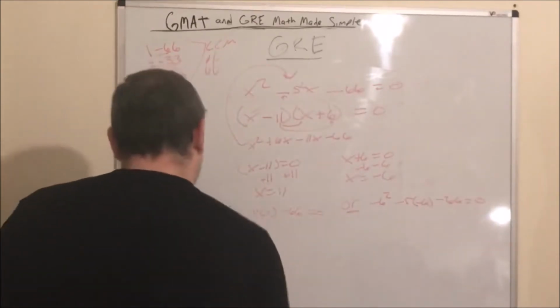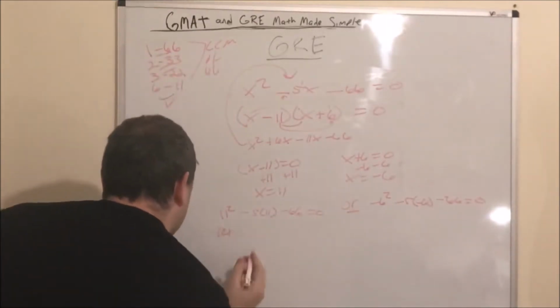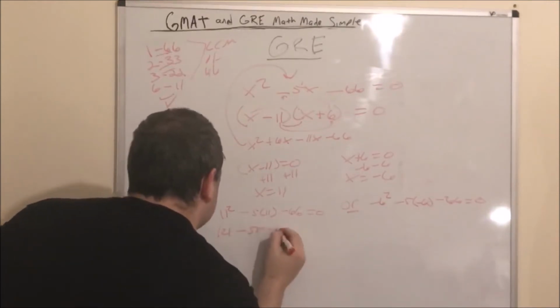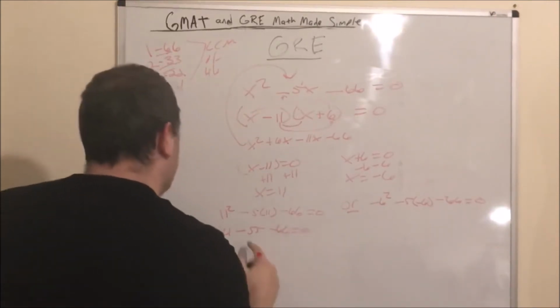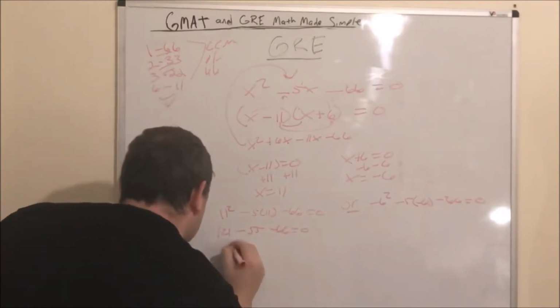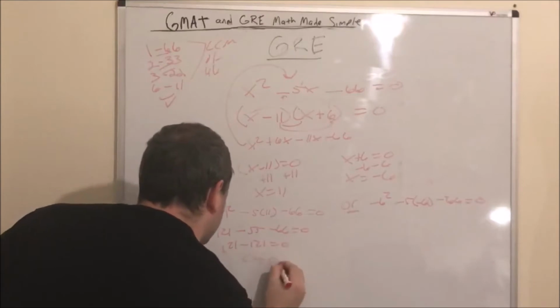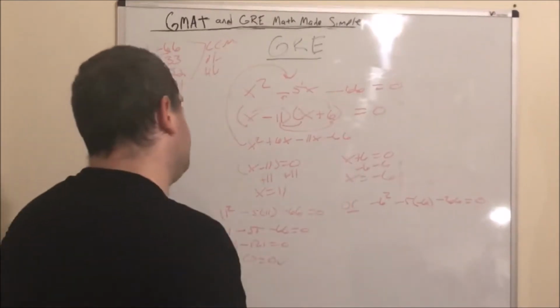So let's do this one first. 11 squared is 121 minus 5 times 11, which is 55, minus 66 equals 0. When you combine these two, it will be 121 minus 121 equals 0. And 0 equals 0. That checks out.